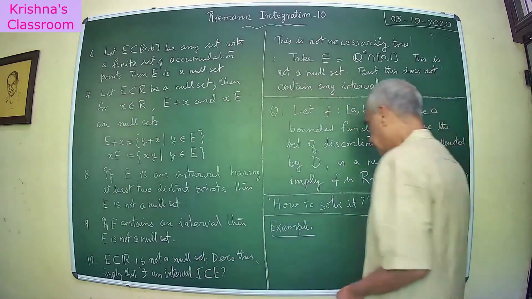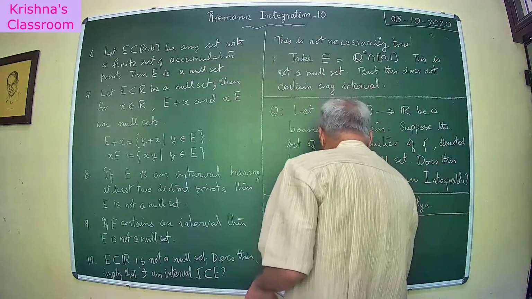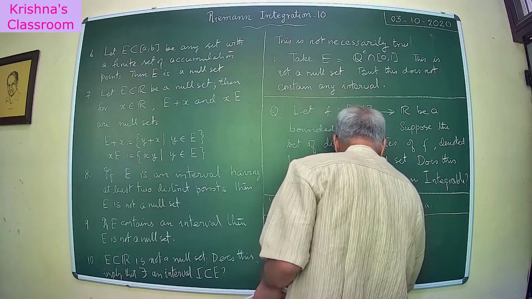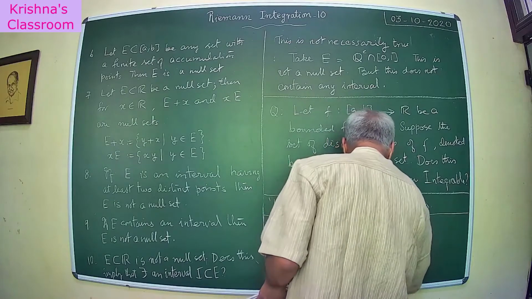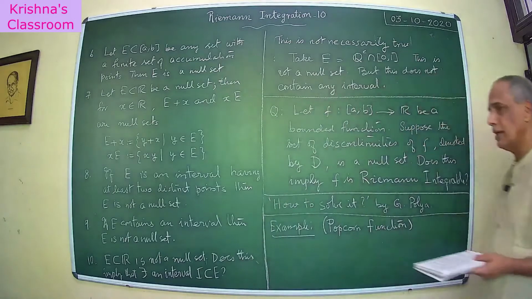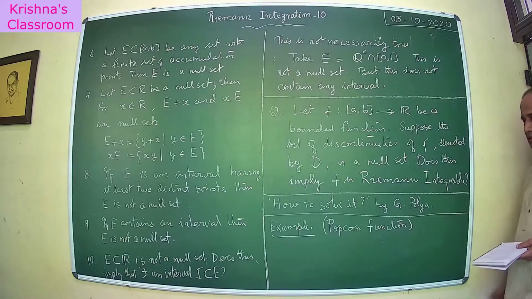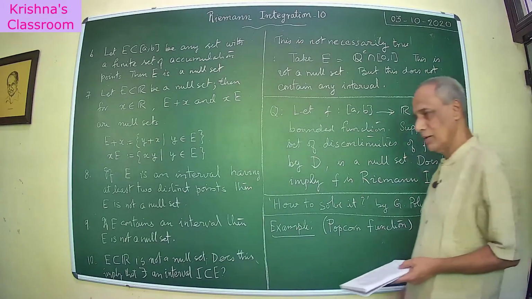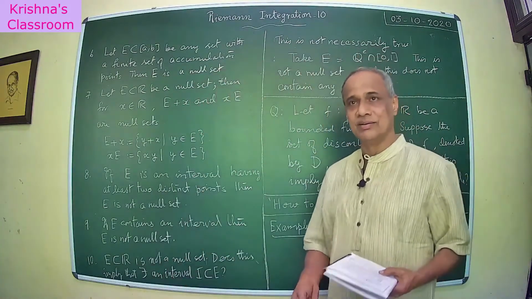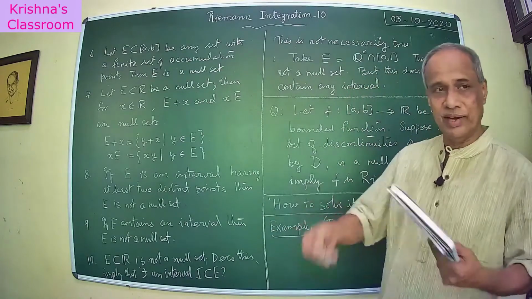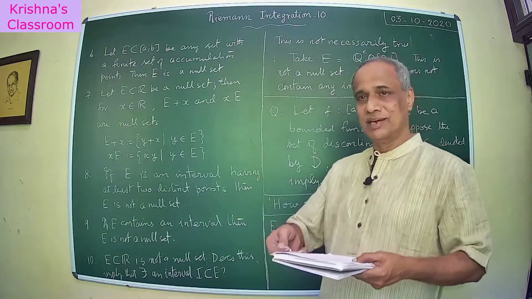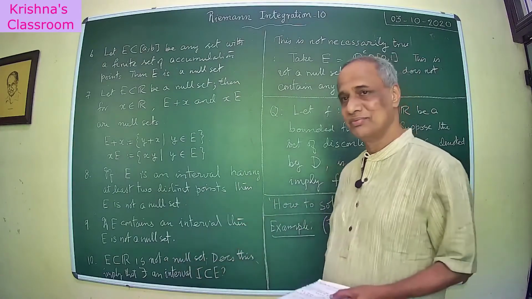This has something to do with popcorn. It's called the popcorn function. Somebody has named it that because the nature of the function is that at various rational points the function pops up, and at all irrational points it is 0.